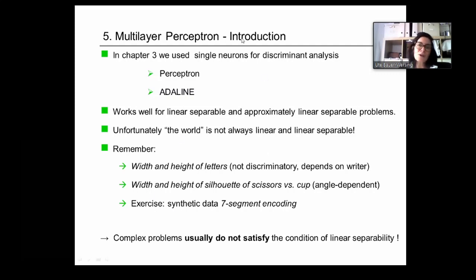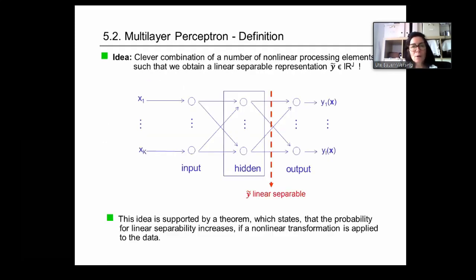So, to summarize it, complex problems usually do not satisfy the condition of being linear separable in the beginning. So the question is, what can we do? And there is an idea which is involved in multi-layer perceptrons.